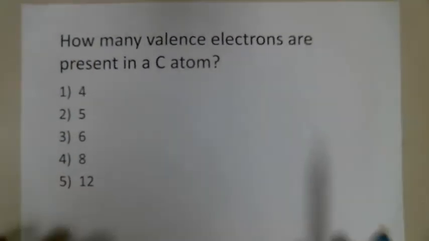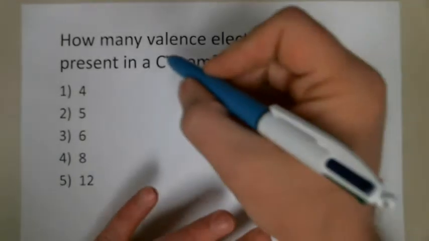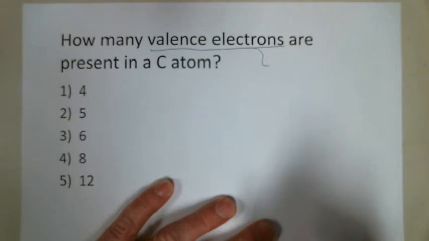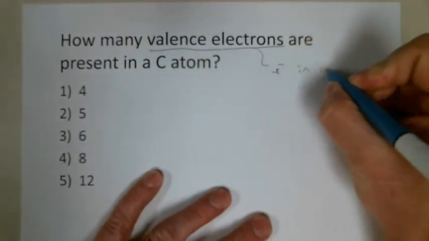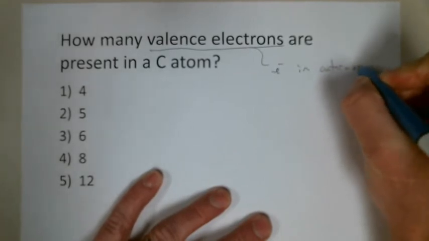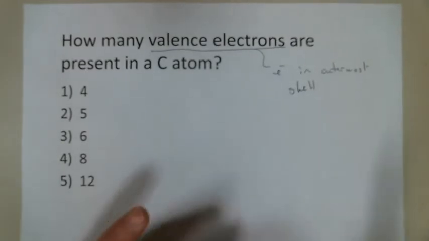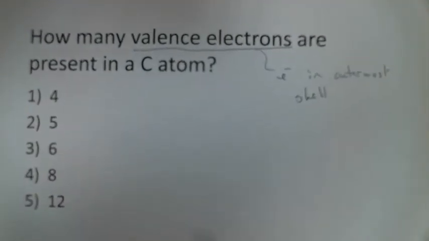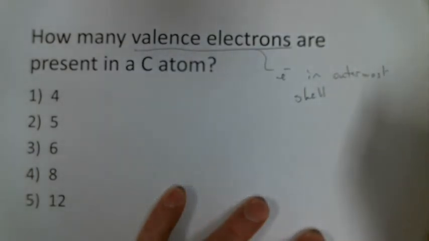All right, next question in electron configurations and this chapter. How many valence electrons are present in a carbon atom? Now you remember the definition of valence electrons, right? Those are electrons in the outermost shell, or the highest principal quantum number, right?